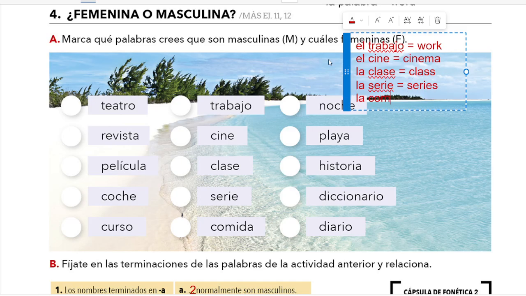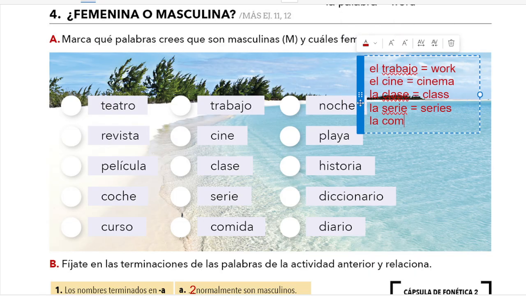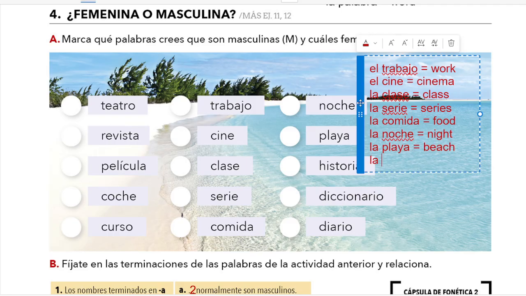La comida is food. La noche, feminine, which means night. La playa is a beach. La historia, it could be story or it could be history, both, okay?